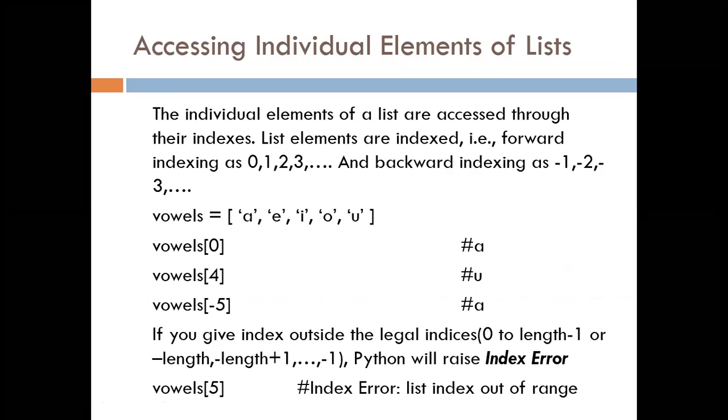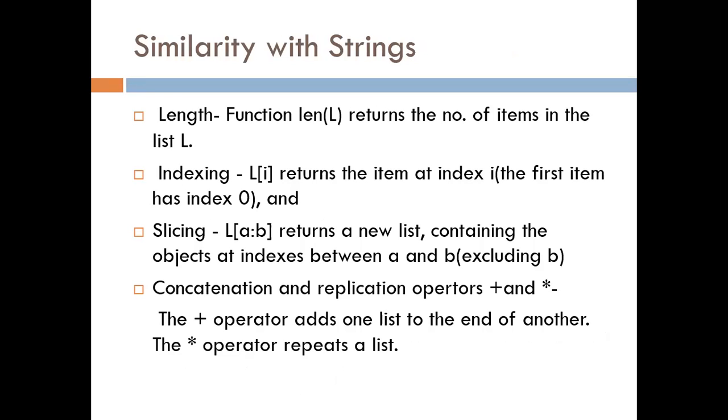But before we start accessing individual elements, we have discussed in last class the similarity of list with strings. Understanding this similarity will make it very clear to you how individual elements are accessed in the list, just the way you access string elements.